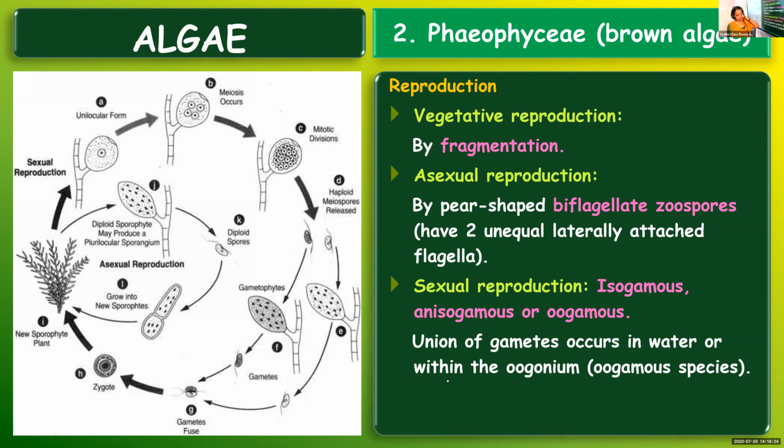Sexual reproduction can be isogamous, anisogamous, or oogamous. The fusion of gametes or fertilization can take place either internally or externally. Externally means fusing can take place in water, or it can take place within the oogonium. Oogonium is a female sex organ found in the case of oogamous fusion.